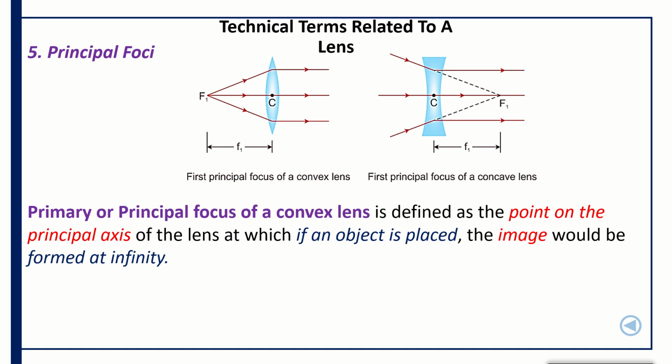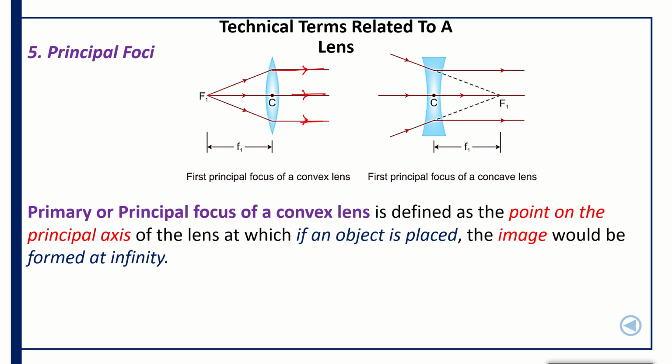If I take a point on the principal axis of a convex lens and light rays emerge from it, the refracted rays after refraction through that lens will pass parallel and will converge at infinite distance. So that point on the principal axis is known as the primary or principal focus of a convex lens.